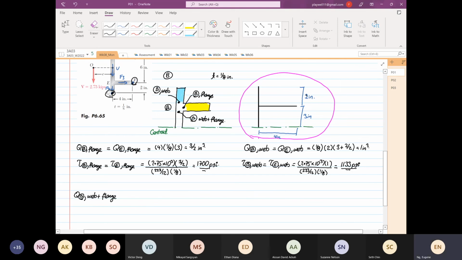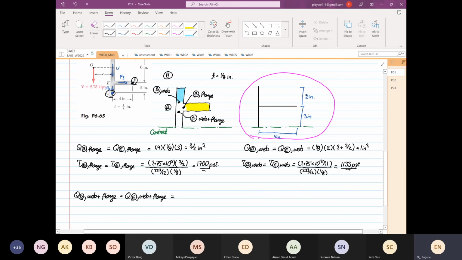Now my dilemma in this problem is this. Let me write the next one first. So this is also equal to Q at point E, the web plus flange.